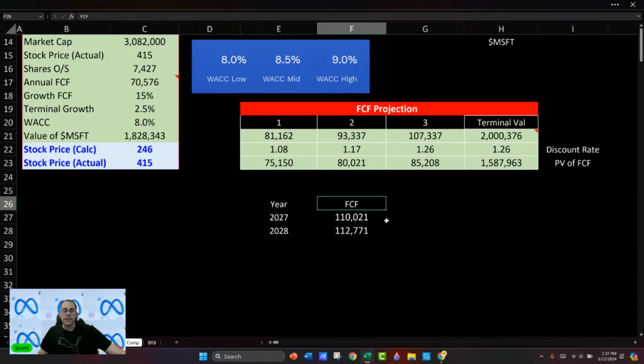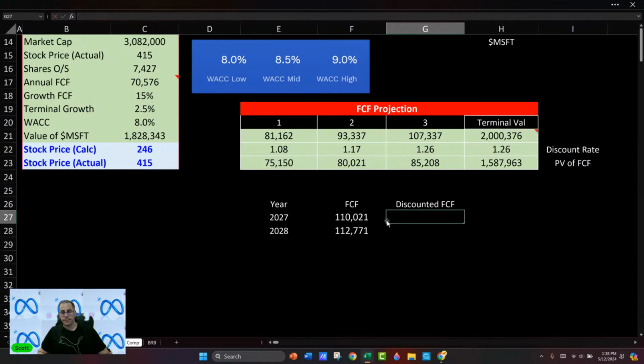Okay, so this is the free cash flow and the discounted free cash flow. See, look how much it brings it down.